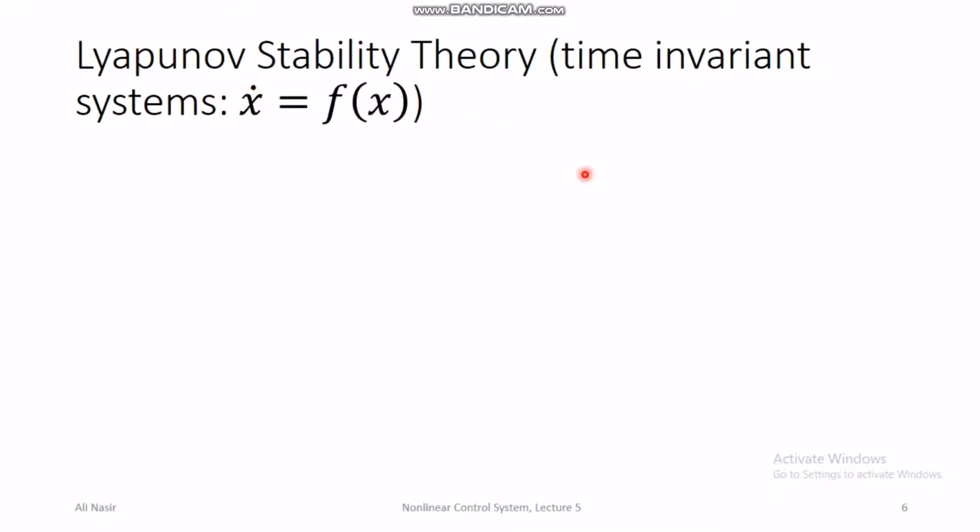First we would be looking at time invariant systems because they are easy to understand, and then we can extend our concepts of stability to time varying systems. Learning the concepts through time invariant systems and then extending them to time varying systems is, in my opinion, the easiest way to learn the concepts of stability.